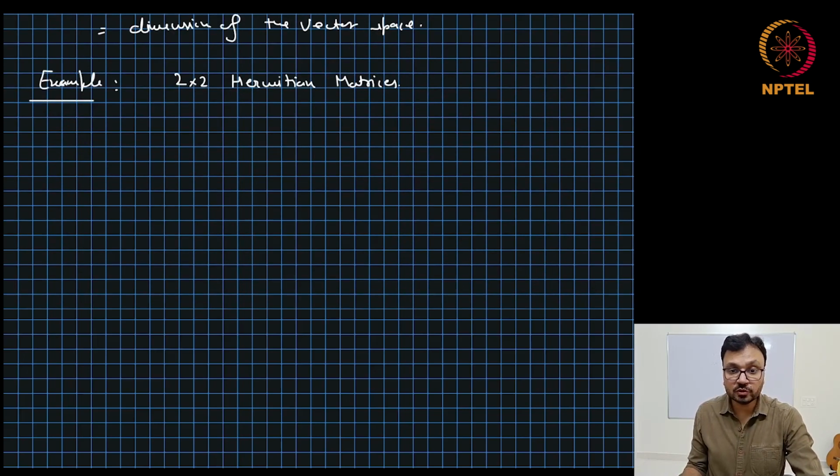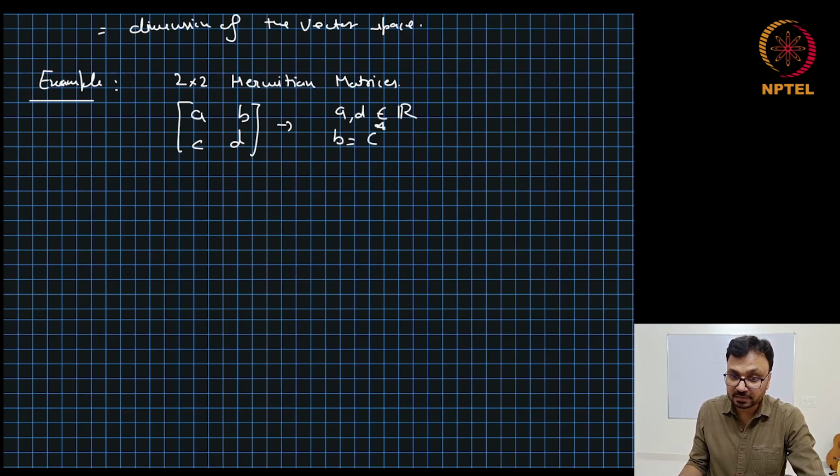So we consider 2 by 2 Hermitian operators, then we can write it as some A, B, C, D, and if we put the hermiticity condition, then it will give us A and D as real numbers, and B equals C star. So we can write an arbitrary Hermitian operator as A, B, B star, and C.